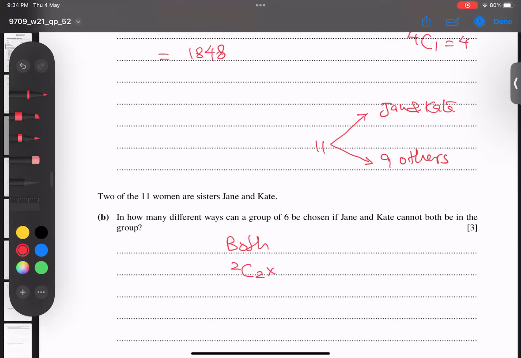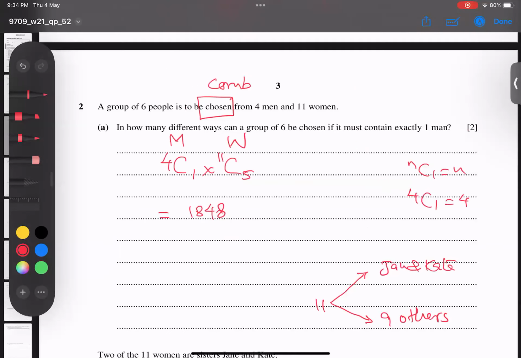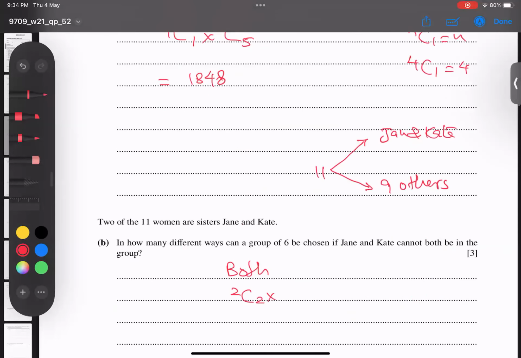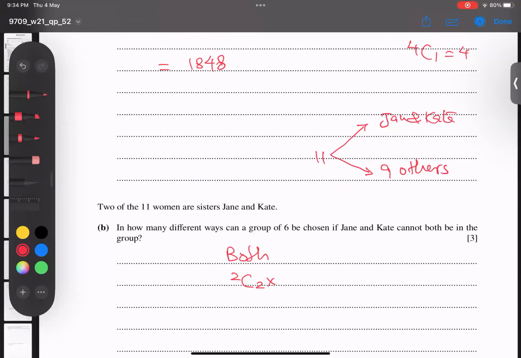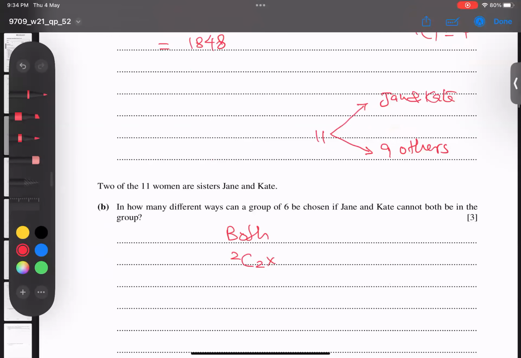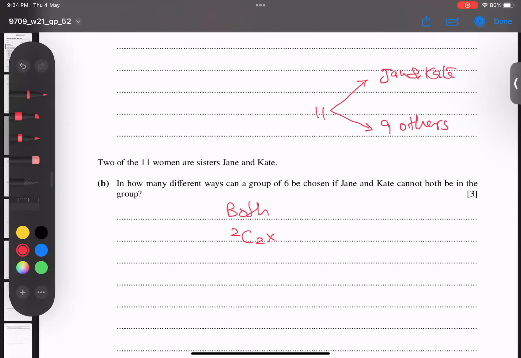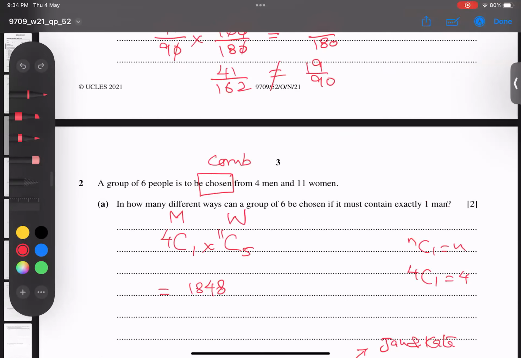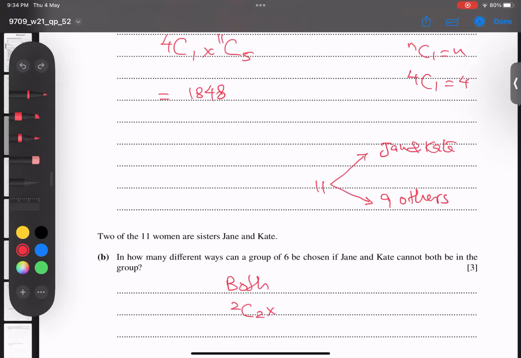Because he talks about ladies only, right? Okay, and wait a minute, let me check. So 15 total, right? If I say both are there, confirm both are there, he did not mention otherwise, so we can add them. Total become 15 people.